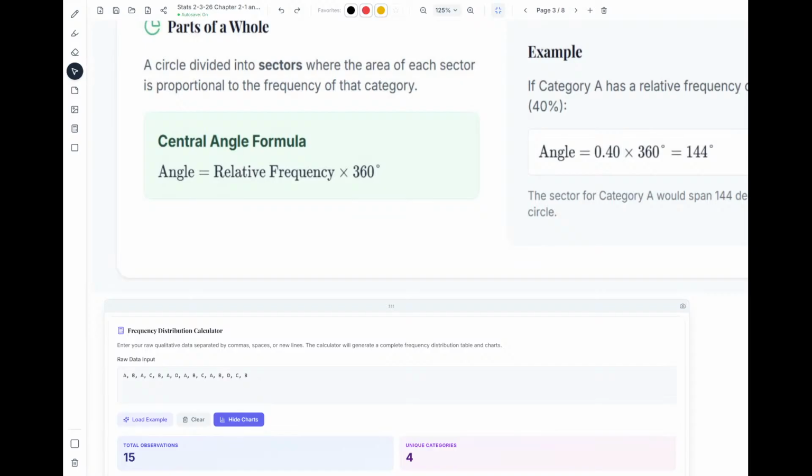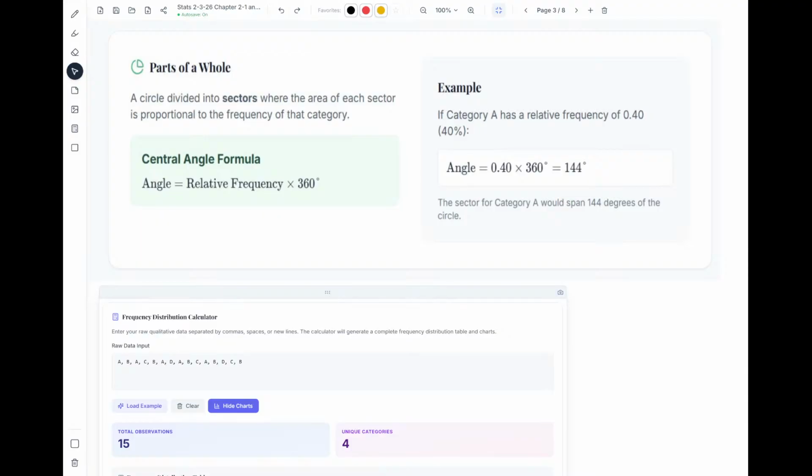Why are we going to multiply it by 360 degrees? Yes, a circle has 360 degrees in it.